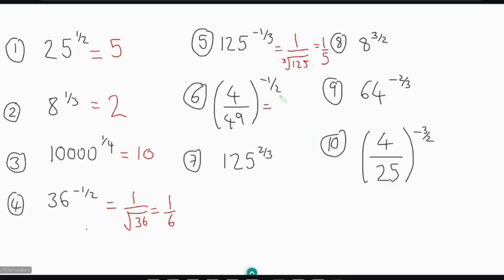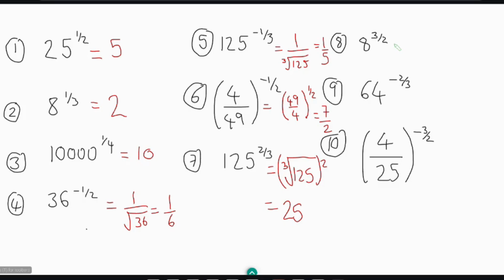So we flip, which kind of eliminates the minus, and then we power half both. 49 to the power half is 7, 4 to the power of half is 2, because it's a square root. 125, so the 3 is the root, the 2 is the power, so it's the cube root of 125 squared, which is 5 squared, 25.